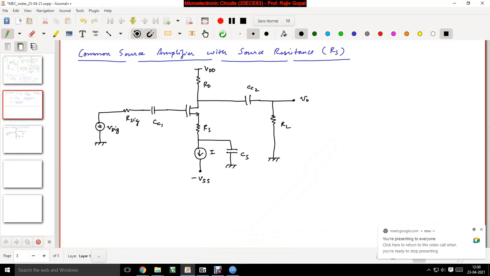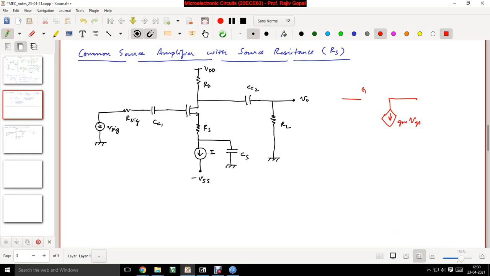So because of having RS on the source side, my small signal model will be like this: G, then this is GM into VGS. This will be R naught.